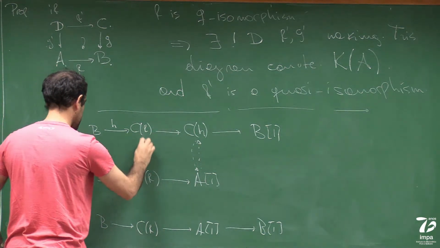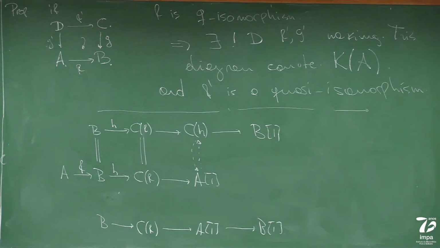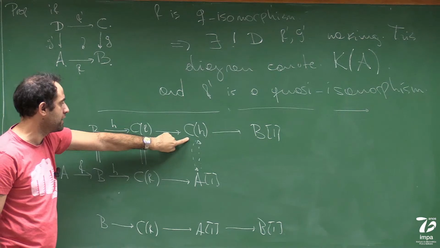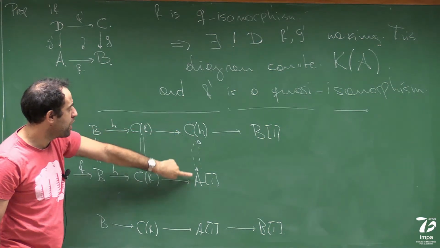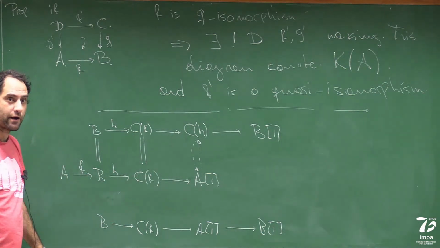This is the identity. This is the identity. What I'm looking for is to shift this G. So let's see. Right. Okay, so what we're going to do is replace this A by the cone of H, because we know that these are isomorphic in the homotopy category.